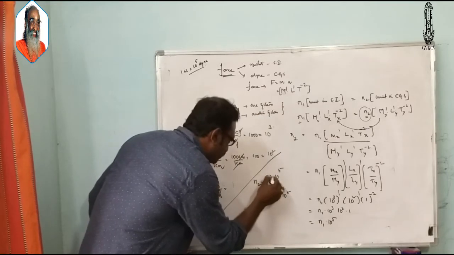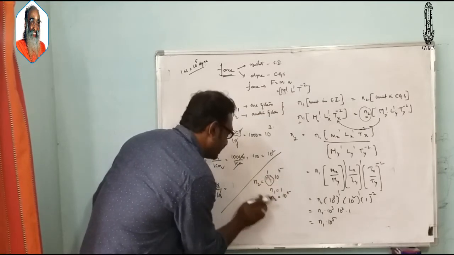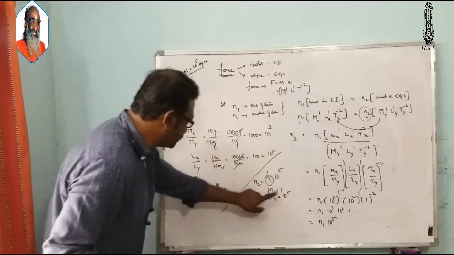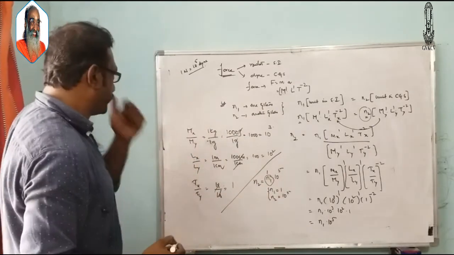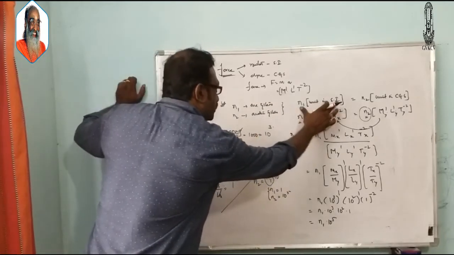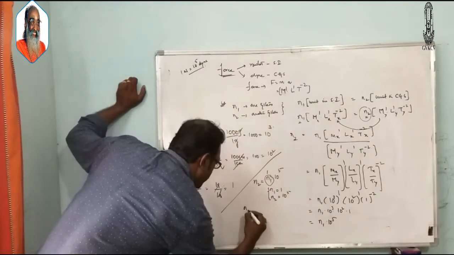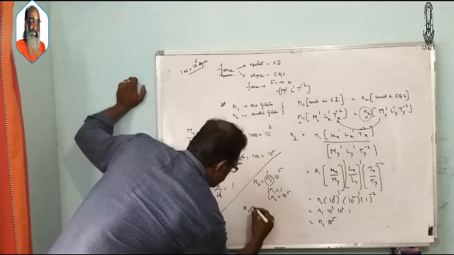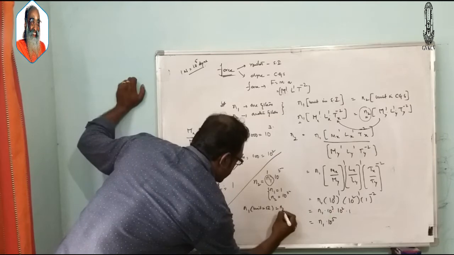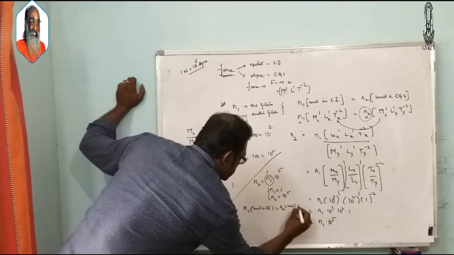If this is equal to 1, then n2 is equal to 10 to the power of 5. Now coming here, n1 into unit in SI is equal to n2 into unit in CGS.